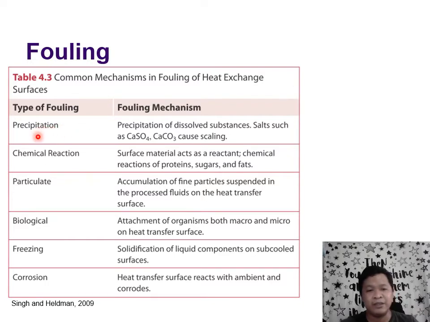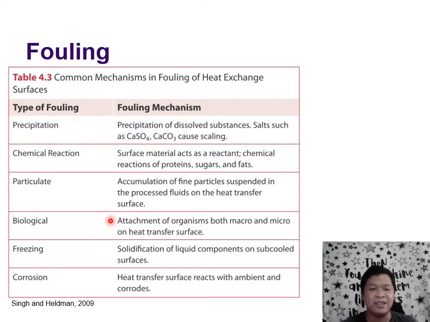Singen-Heldman records 6 types of fouling. Precipitation, which happens when calcium salts cause scaling, and then chemical reactions that occur with your food materials, protein, sugars, and fats, particulate accumulation on the heat transfer surface, biofilm formation or attachment of micro and macroorganisms on the heat transfer surface.